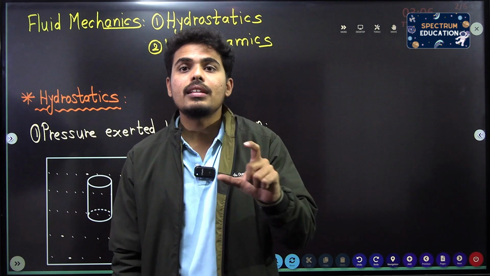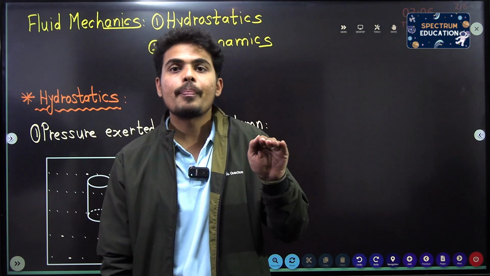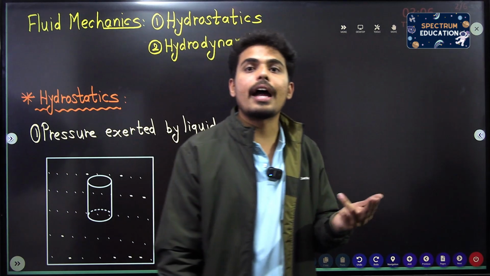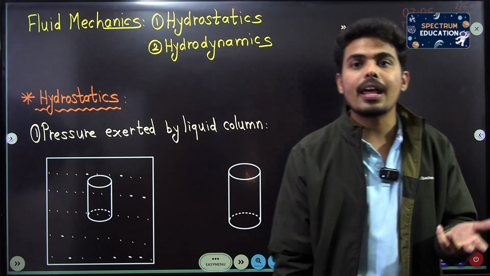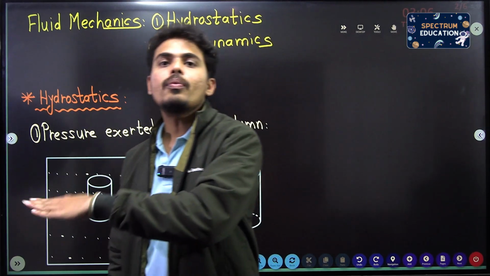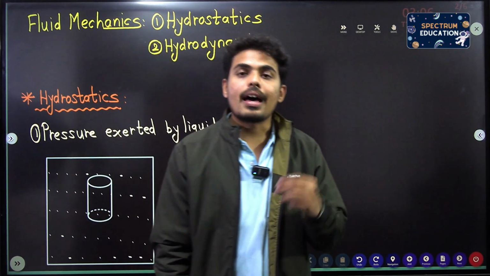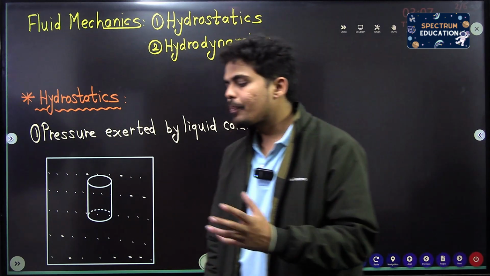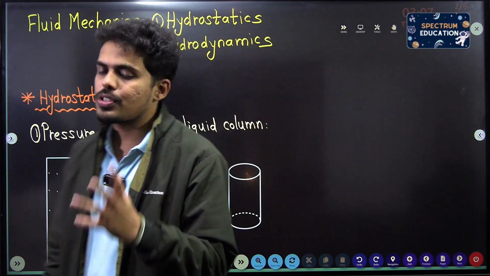If we study the physics of that stationary state of the fluid, we call it hydrostatics. And what do you mean by hydrodynamics? The study of fluids in motion. Both studies are different and both are important. So we will start to study hydrostatics.